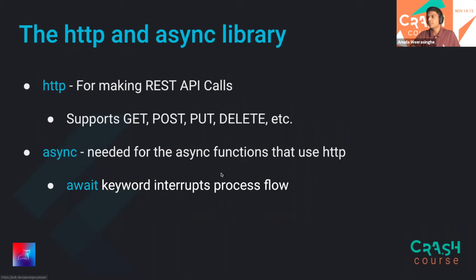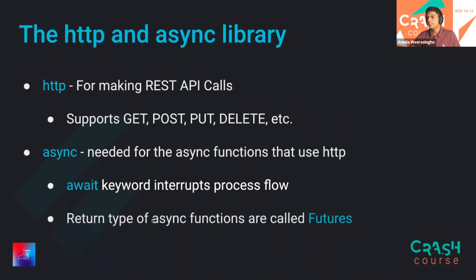This lets us do asynchronous processing in our apps. When we implement integration with an API, we're going to be writing functions that use the HTTP library to make calls to the API, and then use the async part to continue the process flow once the response comes back to us.